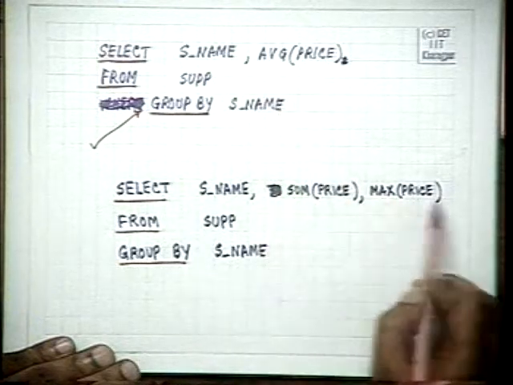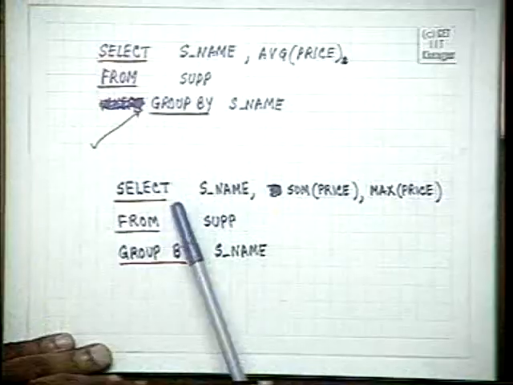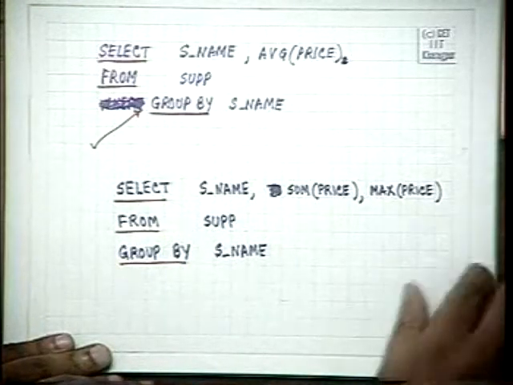Now you could have taken the average price out as well. Here if you write S name is equal to Narosa, will it give only Narosa or all? Now we want to have only Narosa's price. The question is that suppose I want only Narosa's price, what will I do?